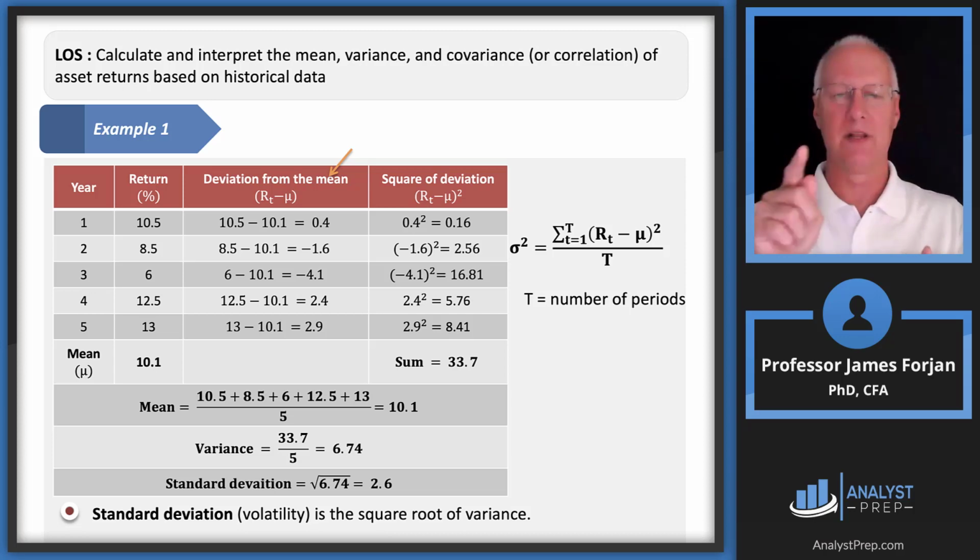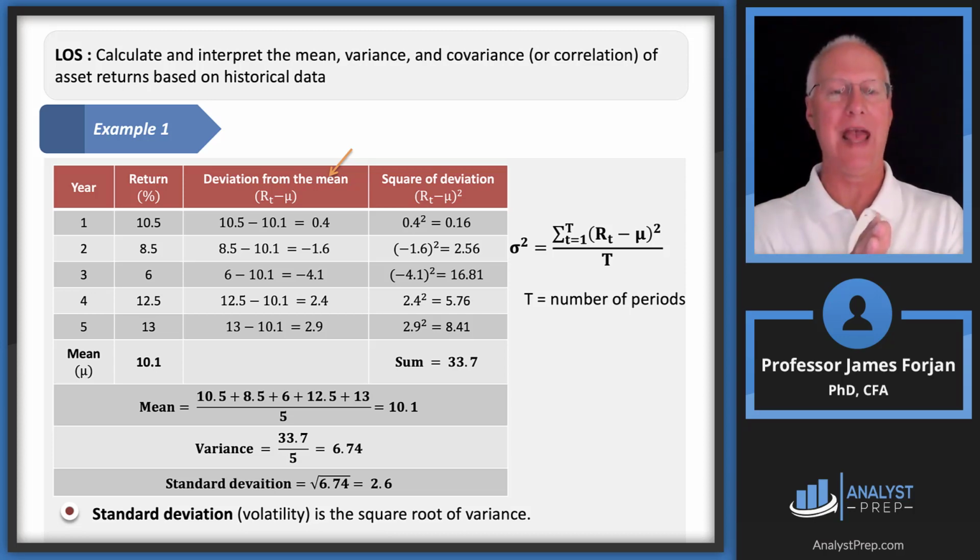Well, imagine that that was for asset A, and imagine there was another column for asset B. And we did the same thing for asset B. We took the year one return minus the mean return for asset B, and we got a difference. And that's all we're going to do here. So look at this equation.